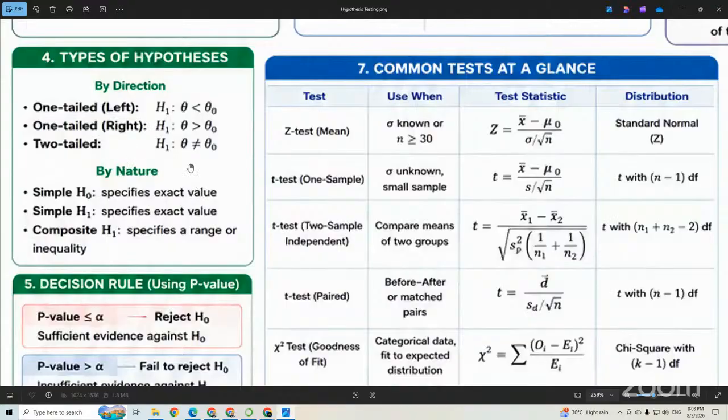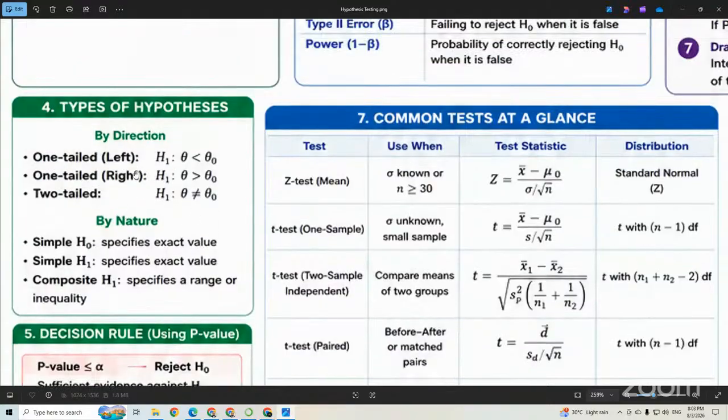Here is one tailed, two tailed: one tail left, one tail right, depending upon the value of theta, which is less than theta zero. Theta zero is like alpha. And when we have H1, theta not equal to theta zero.